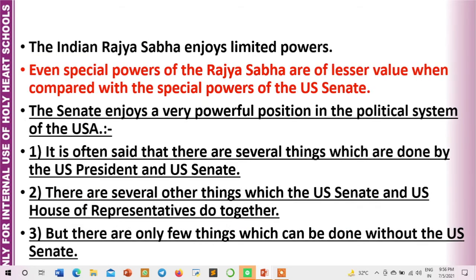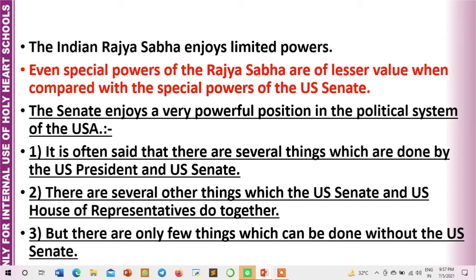Okay. Next, the Indian Rajya Sabha enjoys limited powers. Even the special powers of the Rajya Sabha are of less value when compared with the special powers of the US Senate. The US Senate enjoys a very powerful position in the political system of the USA. In 3 points, I will make it clear how the US Senate enjoys a very powerful position. First, there are several things which are done by the US President and the US Senate.